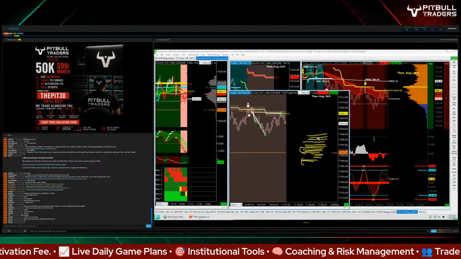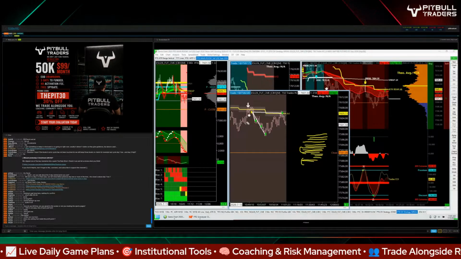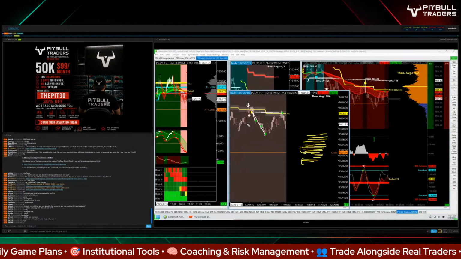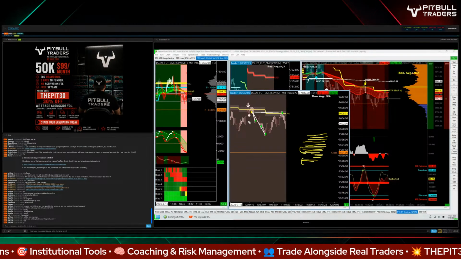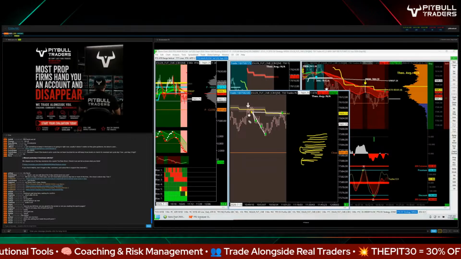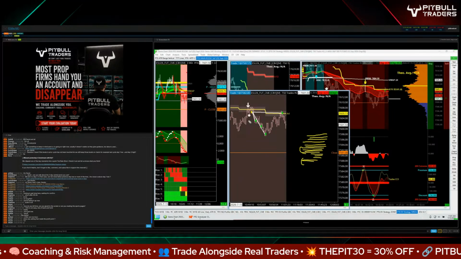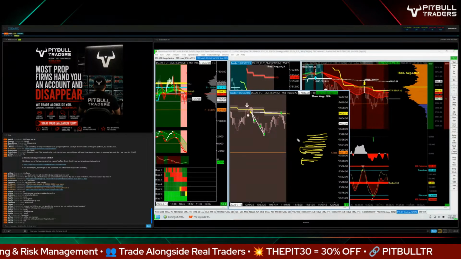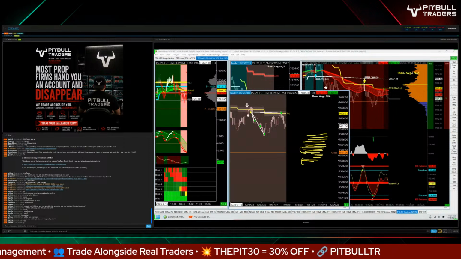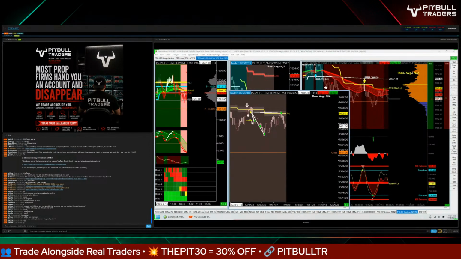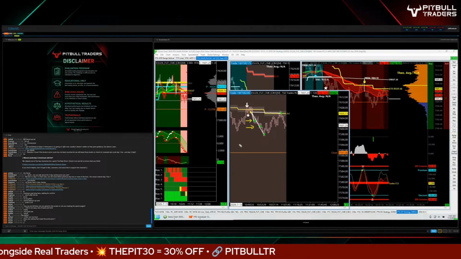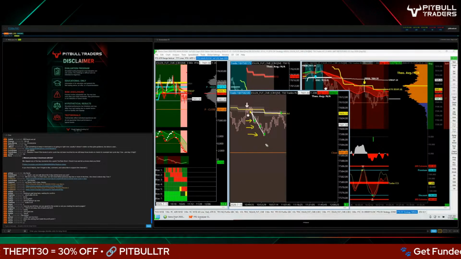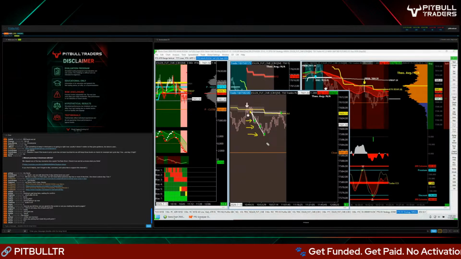And so obviously the higher data points are going to be the closer targets. That's going to be the highest frequency of occurrences, and then the next one will be the next highest frequency of occurrences. As you go further away from your entry, naturally the frequencies are going to decrease.